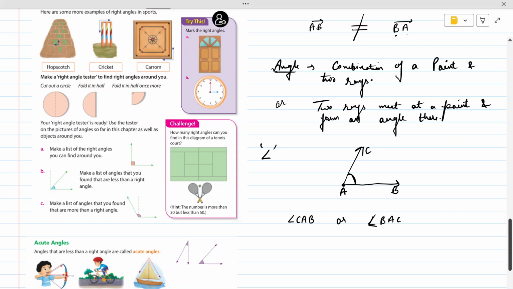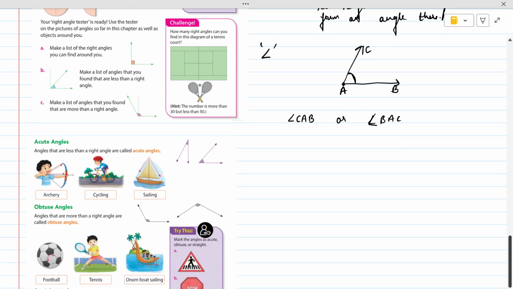So, whenever somebody gives you some angle, let's say they are giving you an angle like this, L, M and N. In this case, kids, M is the point where the two rays ML and MN are meeting and forming an angle. This is the angle.